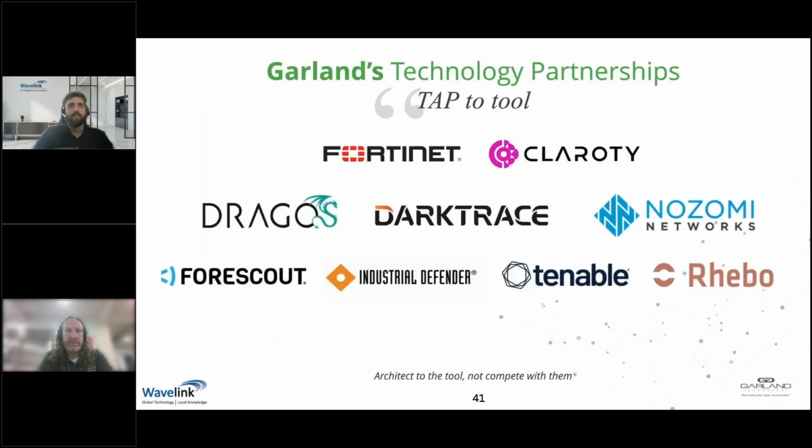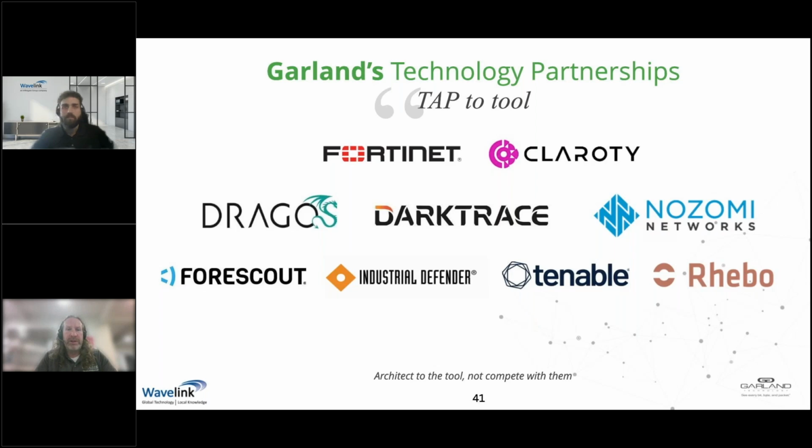And Chris, I hear you say a lot that we do tap to tool, and I know that Garland integrates with so many different other vendors. Can you give us, and the audience, a little bit of insight on how Garland actually integrates with so many network security and OT vendors? Absolutely. I mentioned in the beginning, Marcus, we were talking about how the truth is in the packets, right?